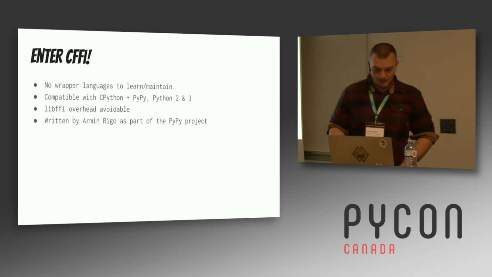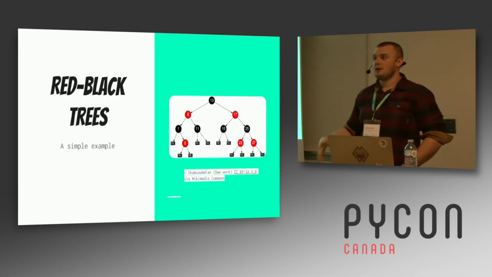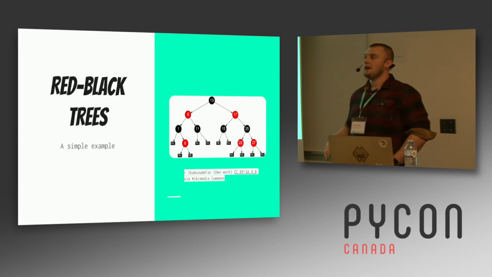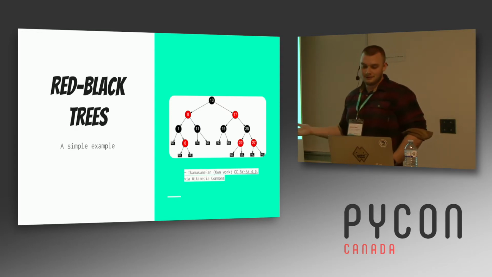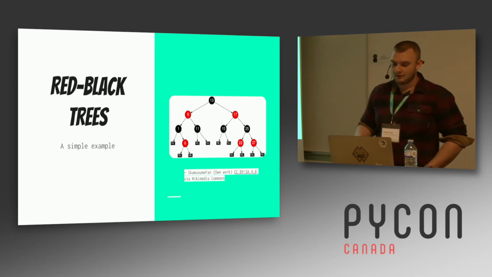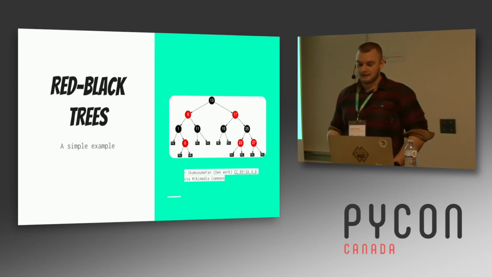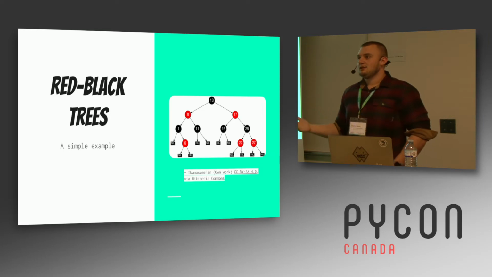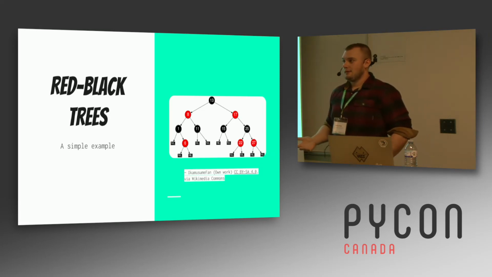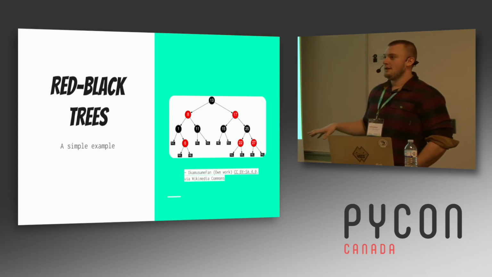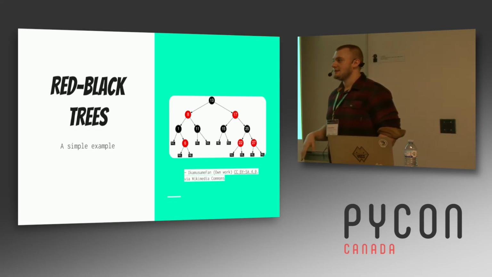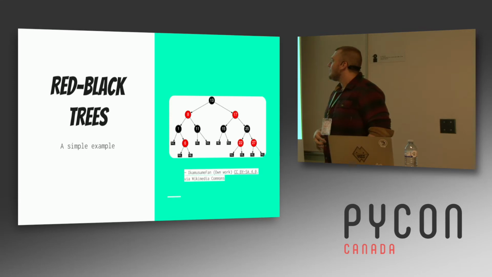And in order to demonstrate how to wrap a simple library, I'm going to go through the example of putting red-black trees in Python. So the idea of red-black trees is set and dictionary in Python are hash table based. And that means you get roughly O(1) lookups and insertions. But the problem with hash tables is you can't get fast minimums and maximums.